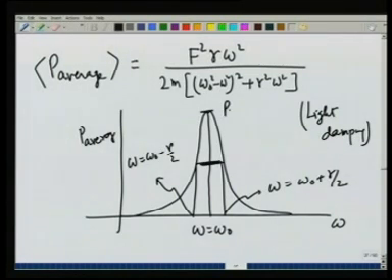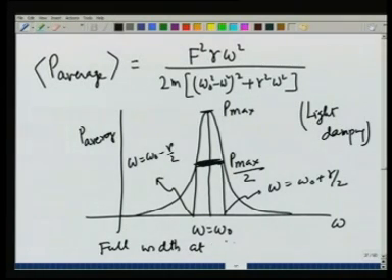So, suppose this is P maximum, at these two frequencies this becomes P maximum divided by 2. So, this frequency width is gamma. This is known as the full width at half maximum.